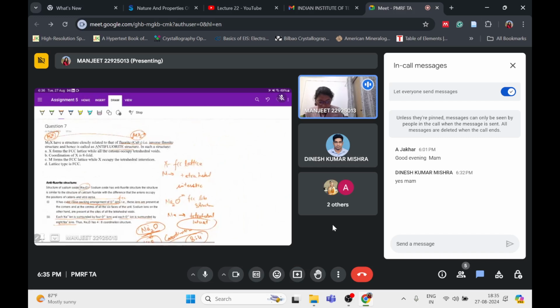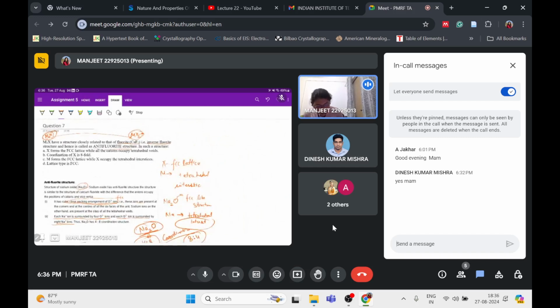Now let's come to the A part. X will form the FCC lattice, while all the cations occupy the tetrahedral voids. Not all the cations, but it will occupy the tetrahedral ones, because we have to follow the stoichiometry also.